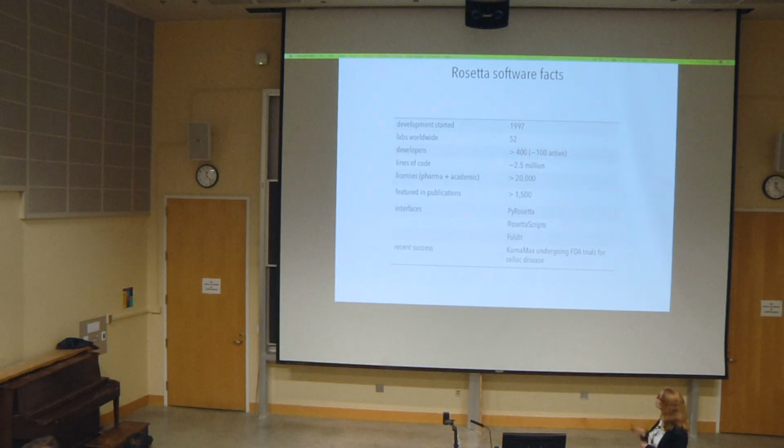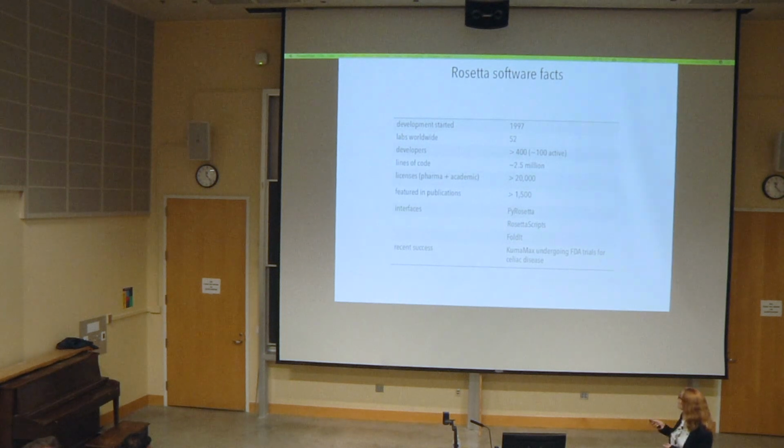We have about 2.5 million lines of code. So it's actually bigger than Facebook. We have over 20,000 licenses to both leading pharmaceutical companies as well as academic labs. The research is featured in over 1,500 publications, and this number is actually more like a lower estimate.